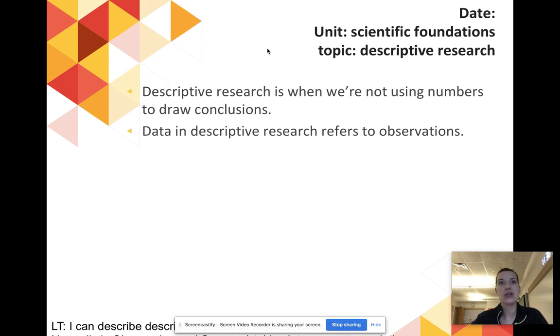If I was going to use descriptive research about teaching, one of the things I might do is talk about my observations. So observing this many people out of this many people are on task, or observing that this many people turned in their assignment, or observing that this person always asks a question right away instead of trying it themselves first, right?